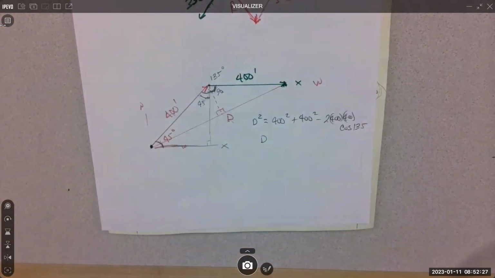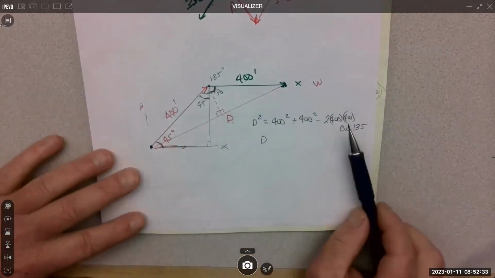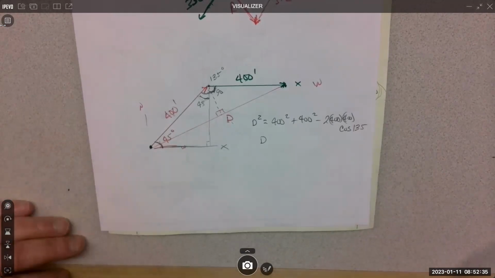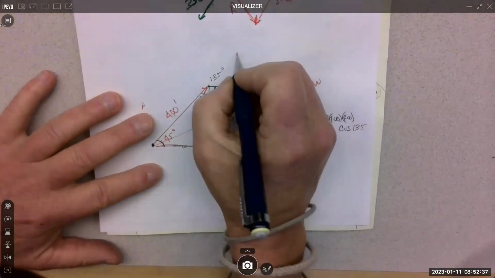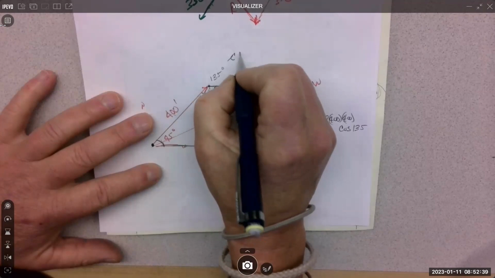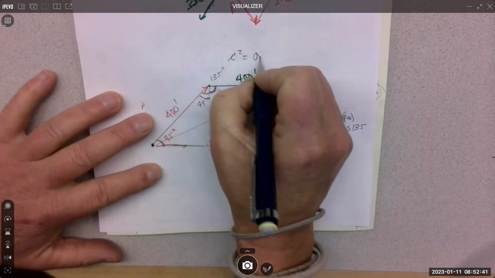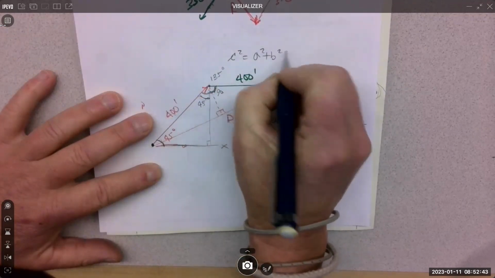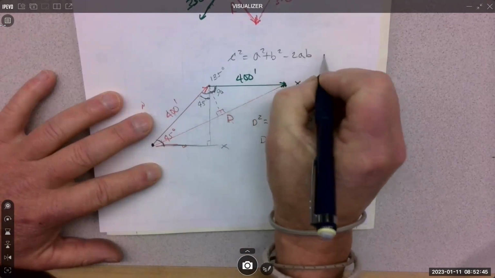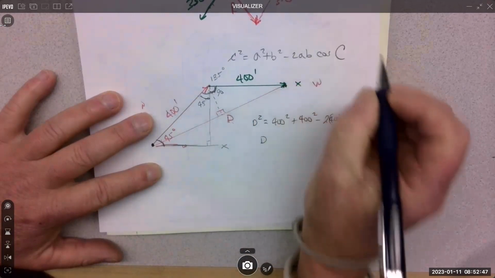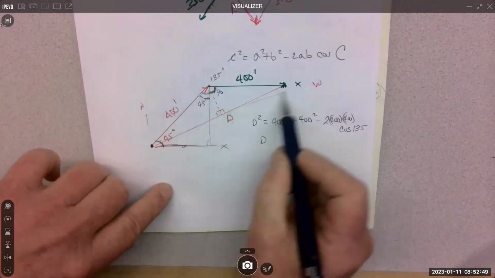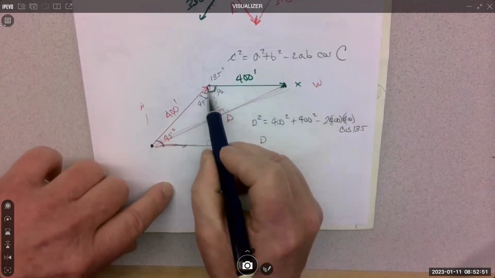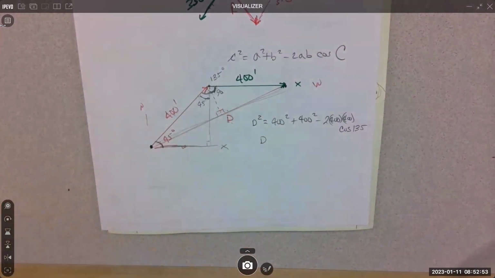It's part of the cosine law. So that's how that law sets up. The cosine law is, yeah, c squared equals a squared plus b squared minus 2ab cosine C. And it's going to be the angle opposite of this. It's that one. Yep.